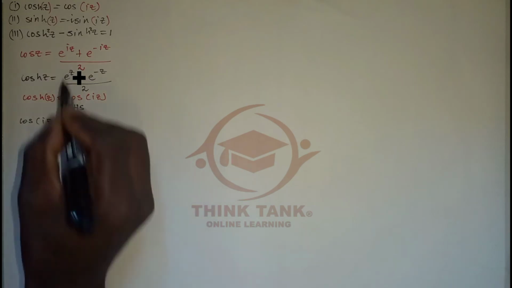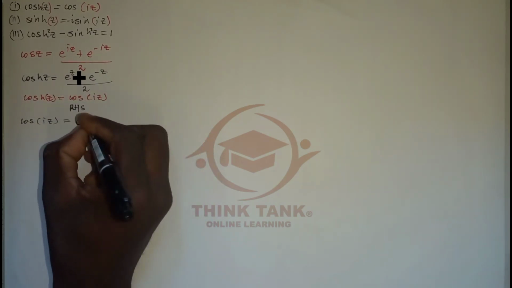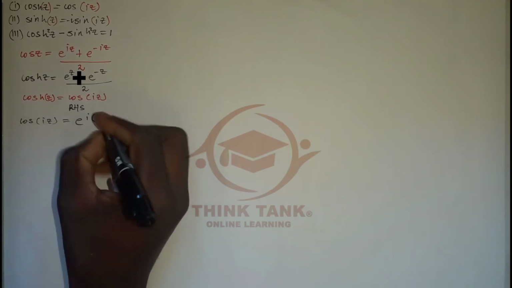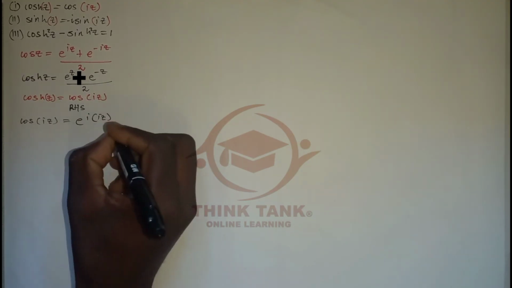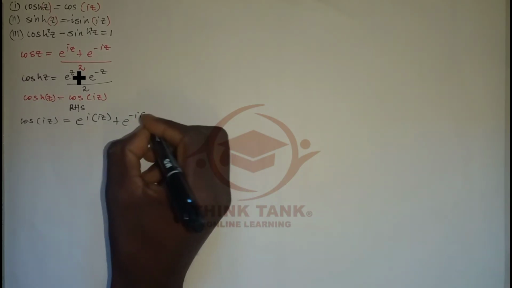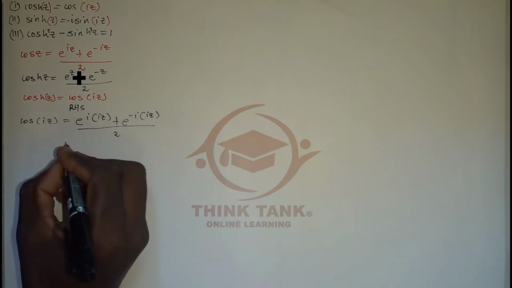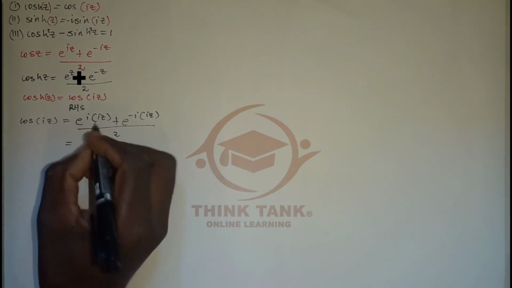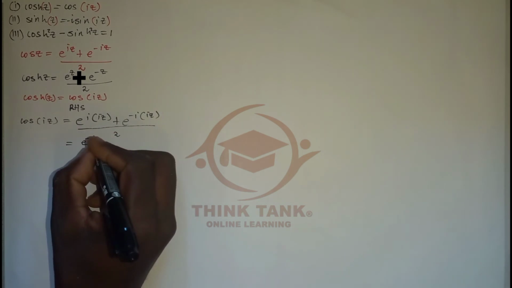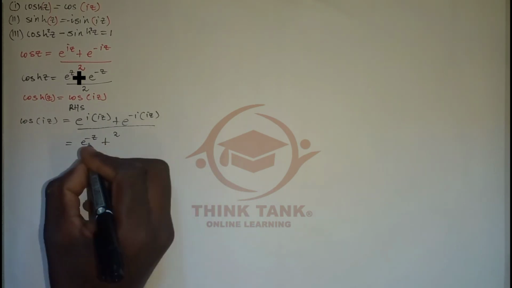is equal to, remember for cos z we have e to the power iz, so you're going to have e to the power i, and in this case our angle is iz, plus e to the power negative i, and in this case the angle is also iz. We're going to divide this by 2. i times i gives us negative 1, so it's going to be e to the power negative i z, negative z, right?